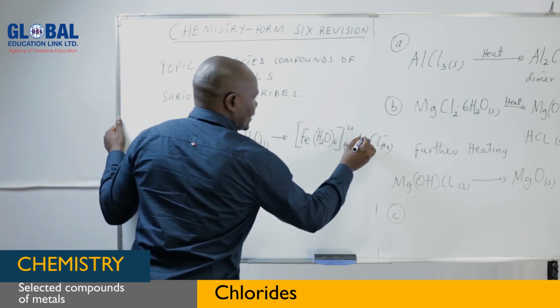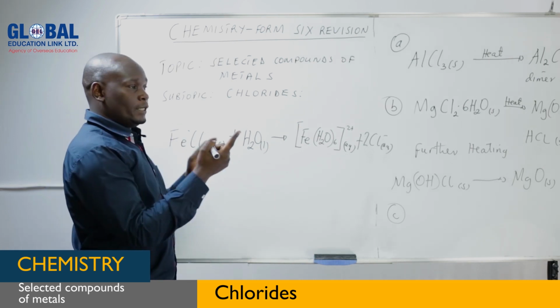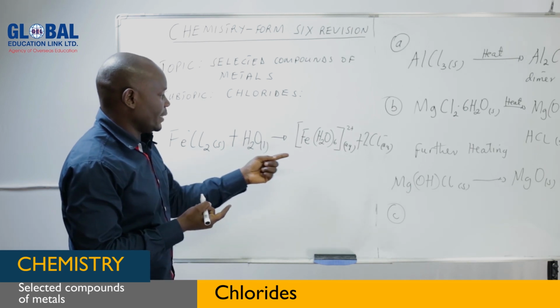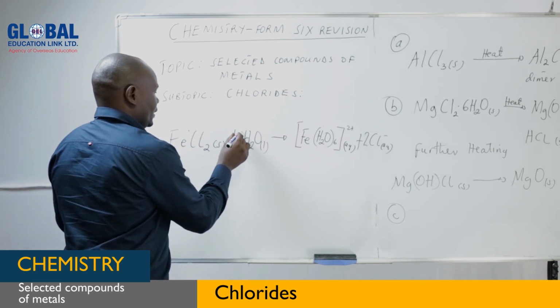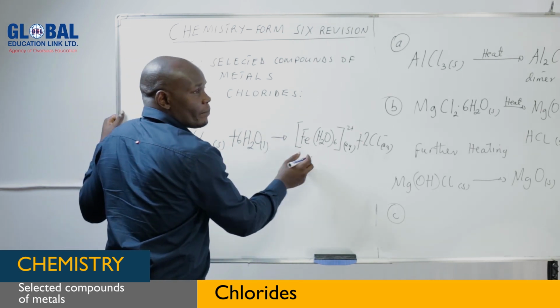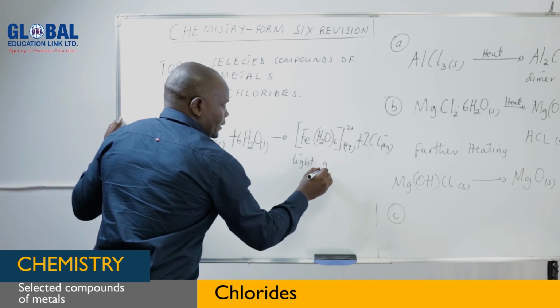So for balancing, there must be 2. So with the supportive balanced chemical equation, you can balance the equation. If we balance, here must be 6. So this is what appears to be a light green solution.